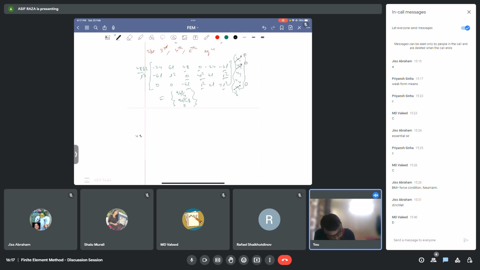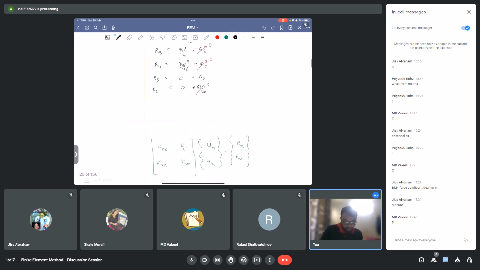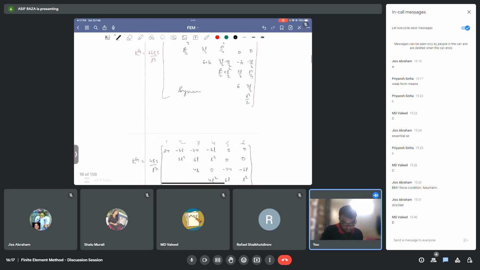There it is, 48 EI by L cube times 48 0 minus 6L, 0 4L square L square, minus 6L L square 2L square, times U3 U4 U6, equal to Q naught L by 4, Q naught L square by 48 and 0. I hope I'm going in the right path.